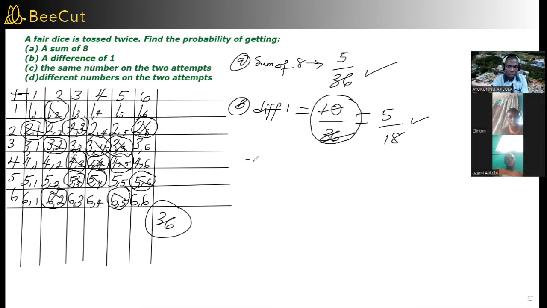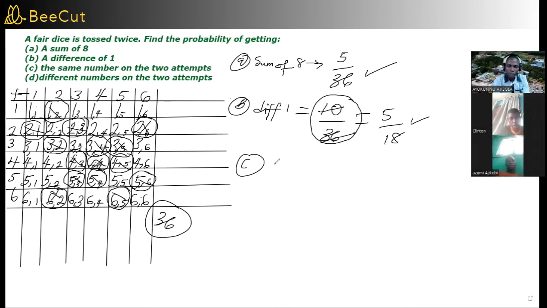So to the third question, find the probability of getting the same number on the 2 attempts. Same number. So that is like 1, 1, 2, 2, 3, 3, right? Yes, sir. So let's count. 1, 2, 3, 4, 5, and 6.